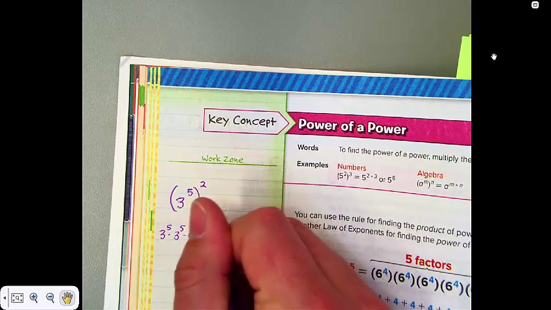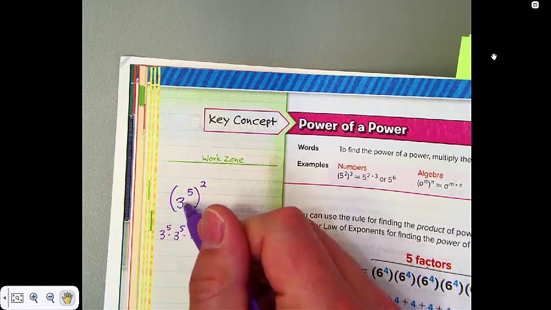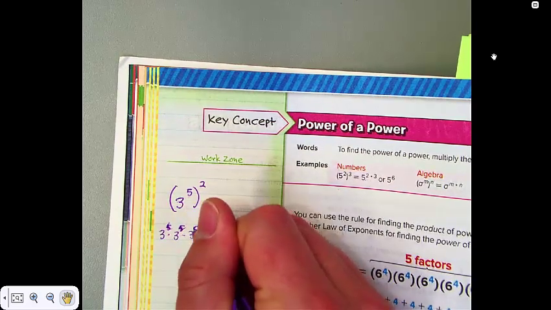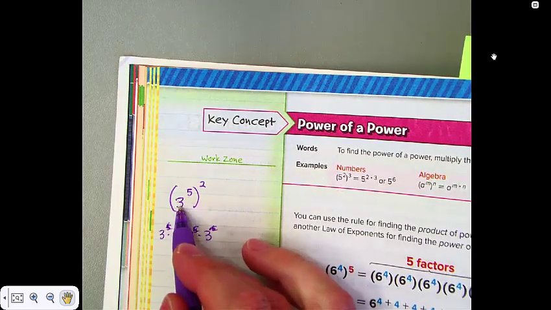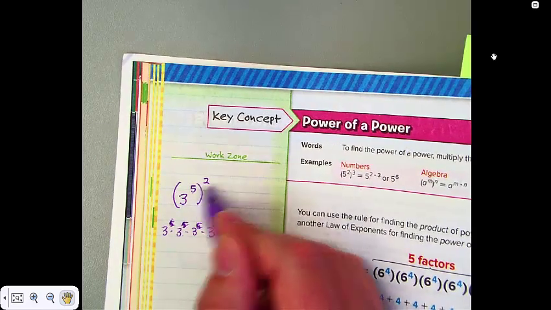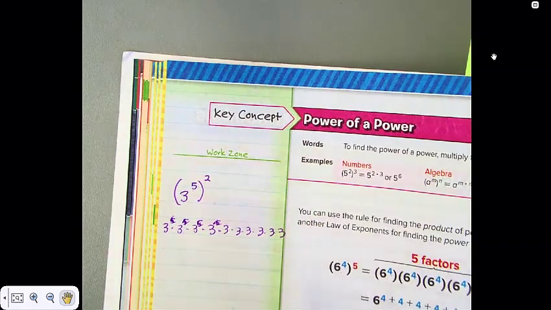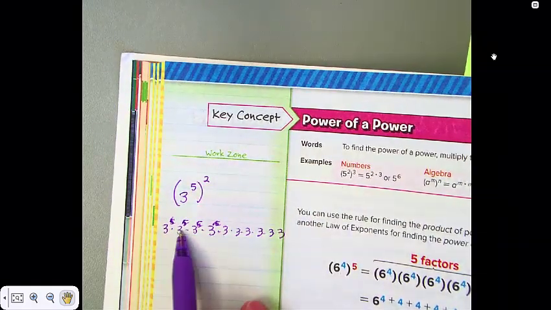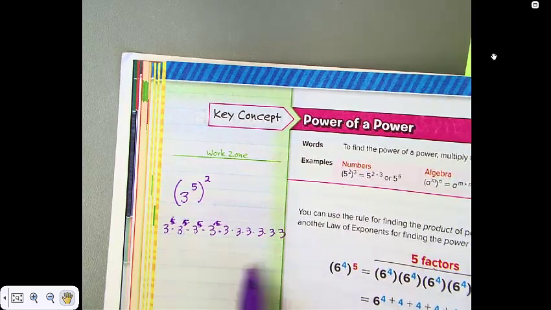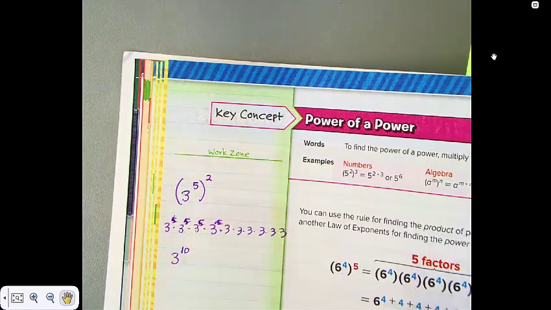I can write a bunch of 3 to the 5th. So here I have a 3 to the 5th. I have 5 3s, 1, 2, 3, 4, and 5. But then I have it again, 1, 2, 3, 4, 5. If I count up all those 3s, I have 10 3s all being multiplied together. Okay? Which you should know by now would be 3 to the 10th power.